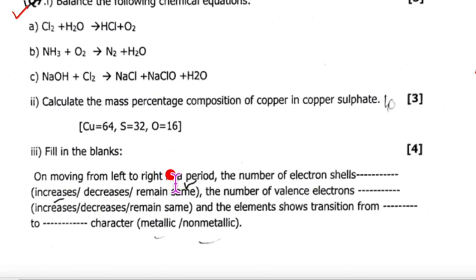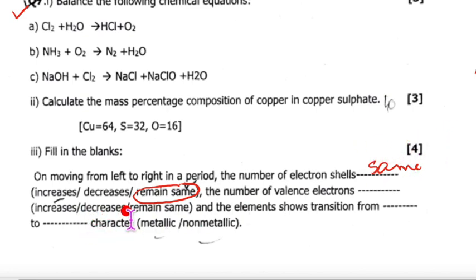Fill in the blanks. This is the last question of this paper. On moving from left to right in a period, the number of electron shells. Now left to right, it will be the same period. So number of electron shells will be the same. They will remain the same. So this is the correct option. The number of valence electrons. What will happen to valence electrons? They will become 1, 2, 3, 4, 5, 6, going up to 7.